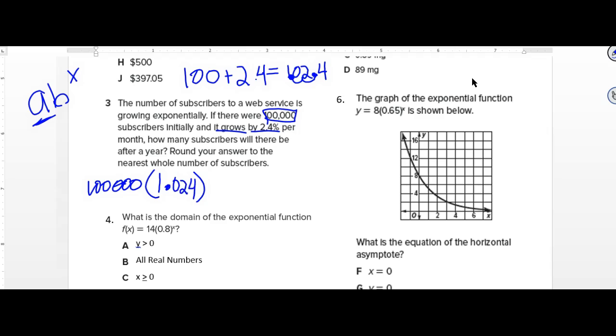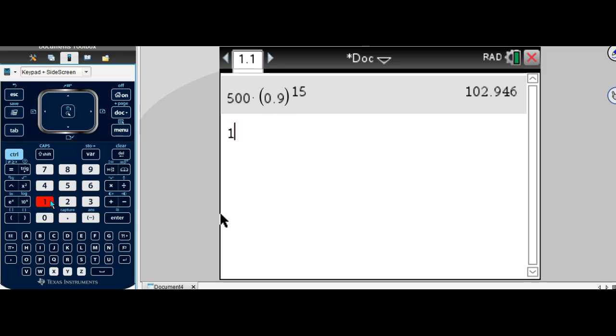To the power of x, how many times is it happening? A year. We're looking at each month, though. It grows per month, so a year is 12 months. 100,000 times 1.024 to the power of 12. We got 132,923 subscribers.